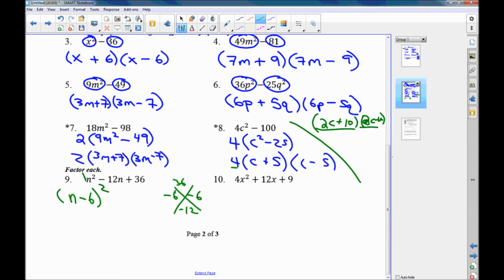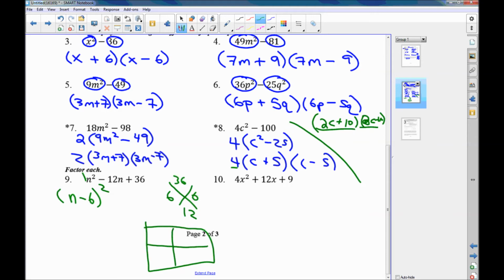Okay. All right, so back to the warm-up again. We practiced this pattern already going in reverse where we simplified it. Now we're going the opposite way where we factored back out. Okay. All right, let's try this one. Number 10. We want 2 things that multiply to 36 and add to 12. Oh, that's going to be 6 and 6. So we'll make our box.